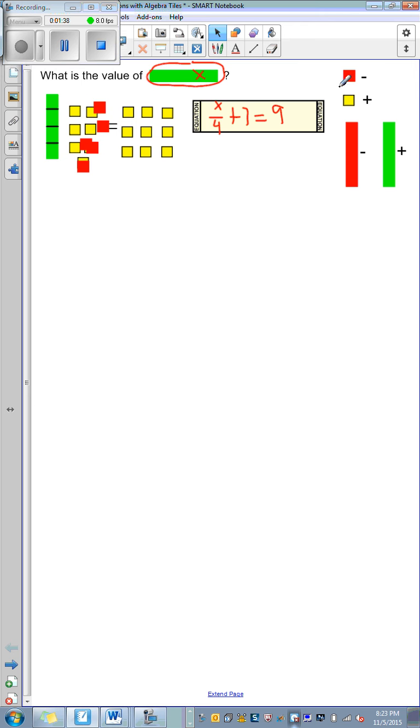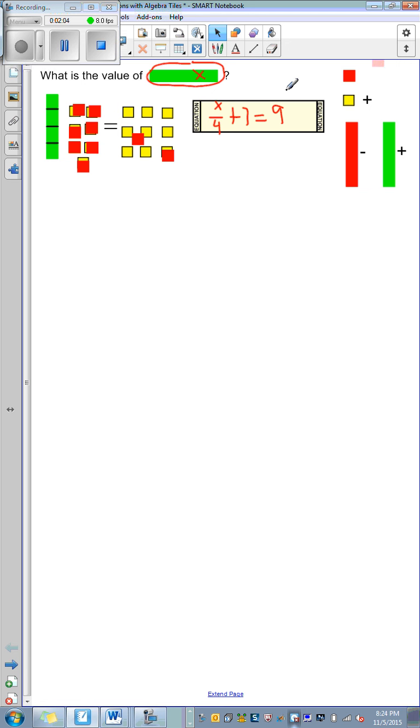So we will have 7 zero pairs to cancel out all of the positives on this side. Well, we know with an equation, it needs to stay balanced, so we also have to add in 7 zero pairs to the other side.